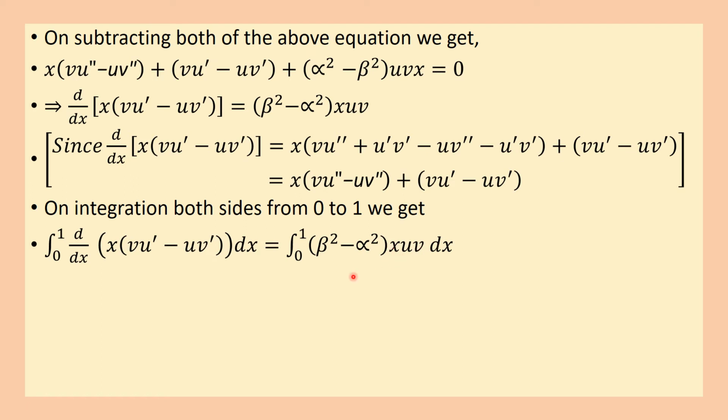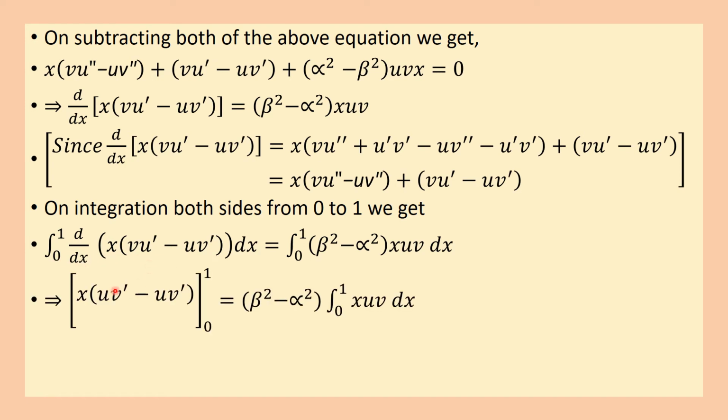We know that integration and differentiation are inverse processes, so here integration and differentiation will eliminate each other and the function will remain, that is x into (uv' minus vu'), with limits from 0 to 1. Being constant, beta square minus alpha square we take outside, into the integral 0 to 1 of x uv dx.